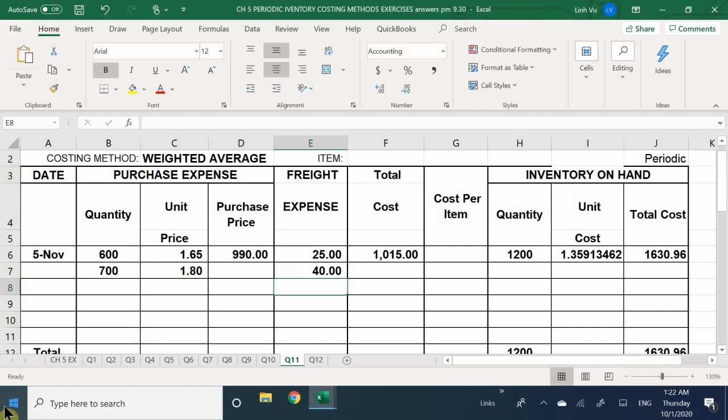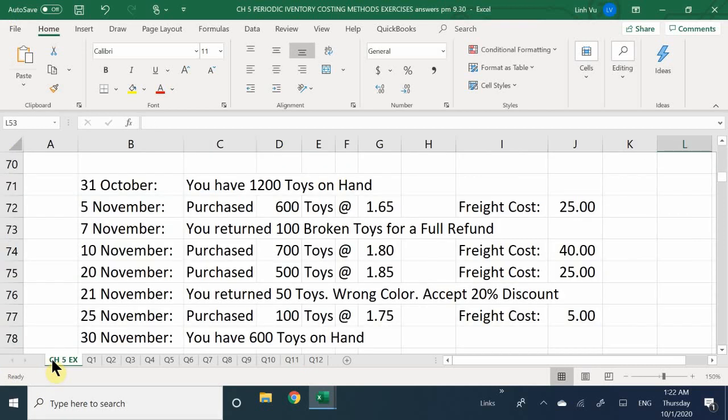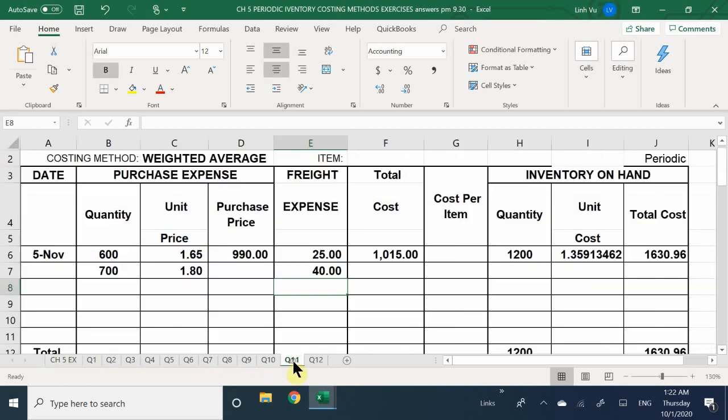Okay, so in this case, this was November 10.